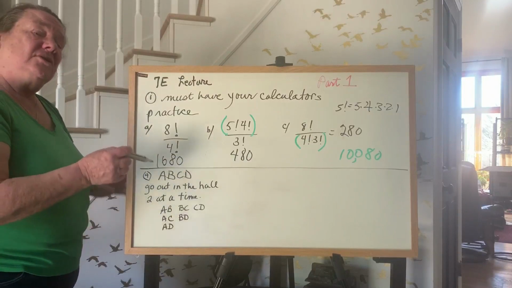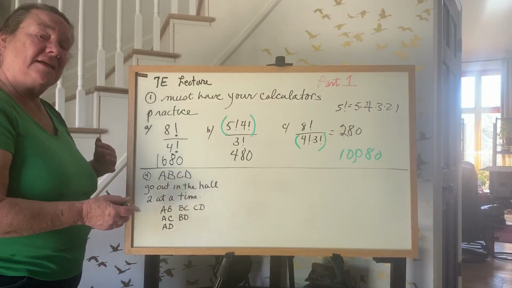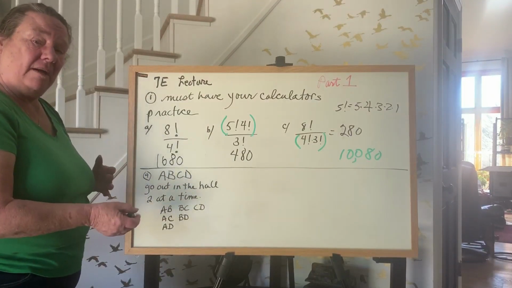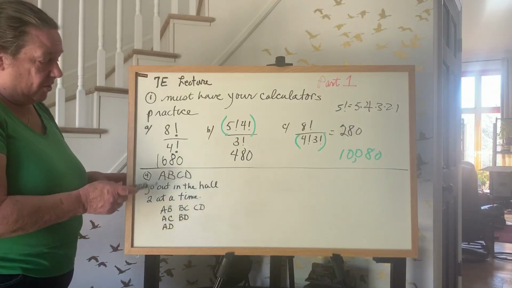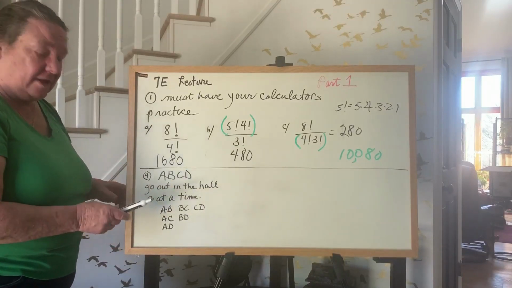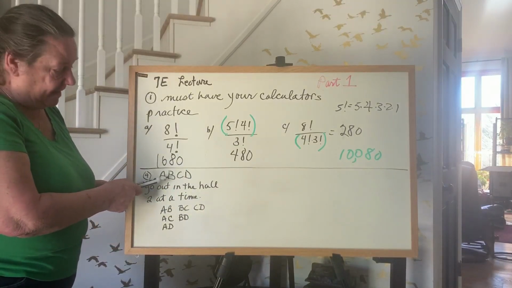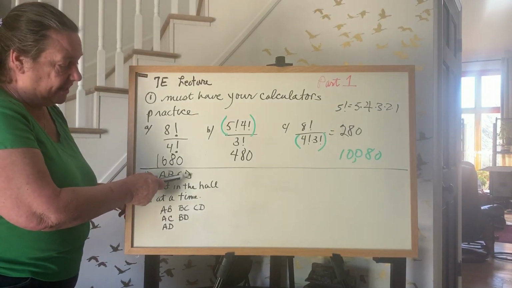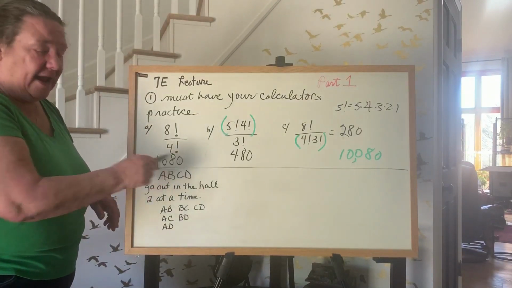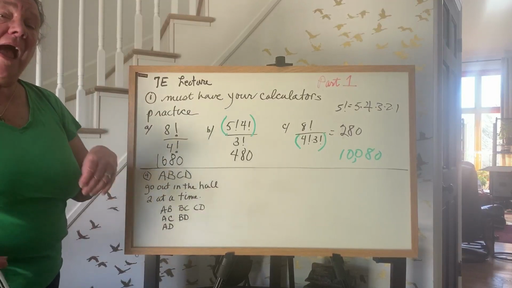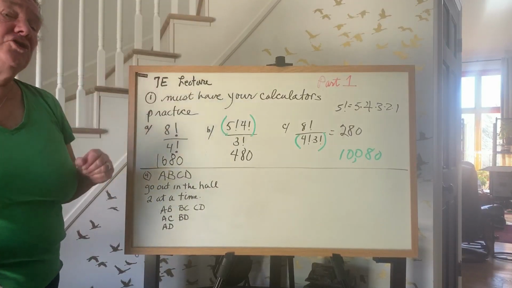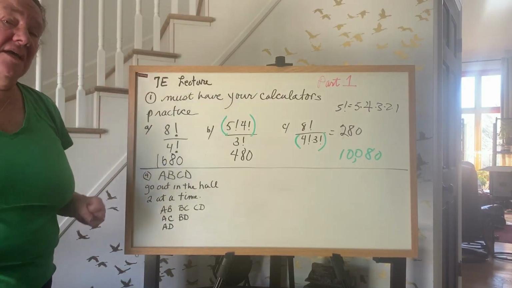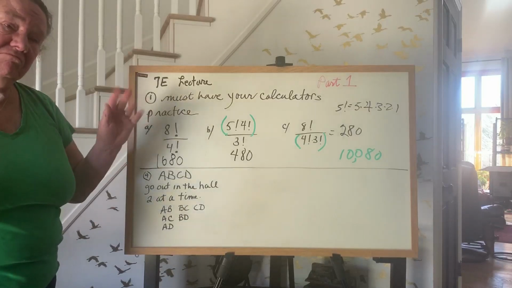All right. So now we're going to talk about today's lesson of permutations and combinations, right? So there are 4 people in the class: Abigail, Betsy, Charlie, and David. And I say to those 4 people, I'd like you to go out in the hall 2 at a time and discuss the class, okay?